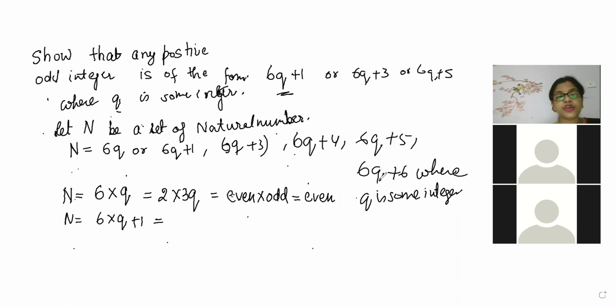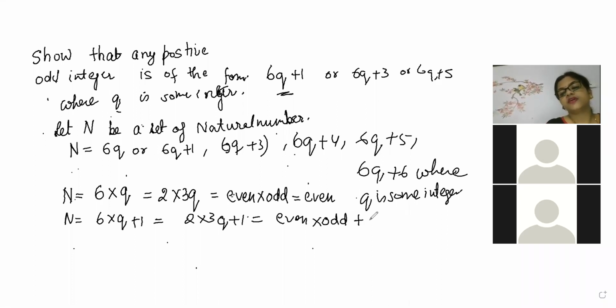Now, beta, 6 into q plus 1 I am writing. Okay, 6q plus 1. What is 6q? 2 into 3q plus 1. Even into odd plus odd. So it is coming even plus odd. And when even and odd are added, the answer is odd.